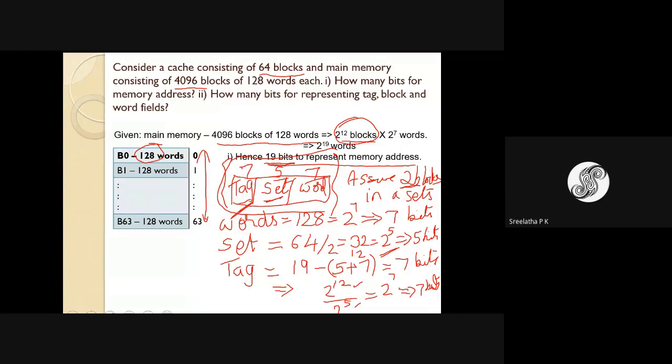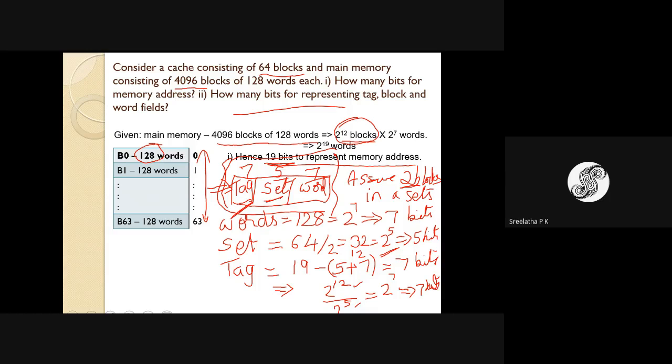Whenever an explanation is asked in the exam, they can ask you to explain set associative mapping with an example, so you have to take your own example. Or they can give such problems and ask you to solve.